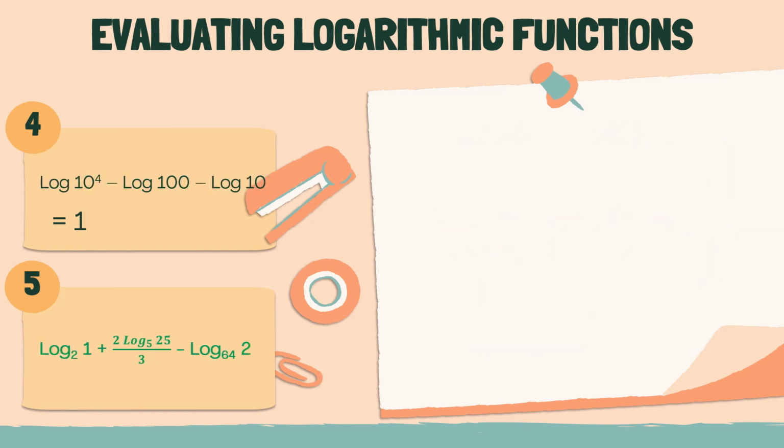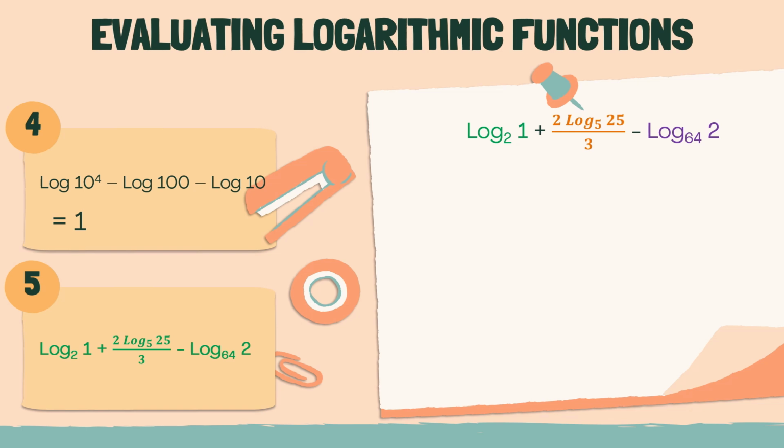And example 5, read as log base 2 of 1 plus 2 log base 5 of 25 over 3 minus log base 64 of 2, can be evaluated by applying the log_a 1 = 0, a^(log_a x) = x, and log_(a^x) a = 1/x techniques.